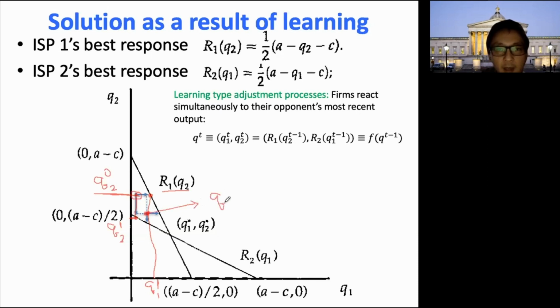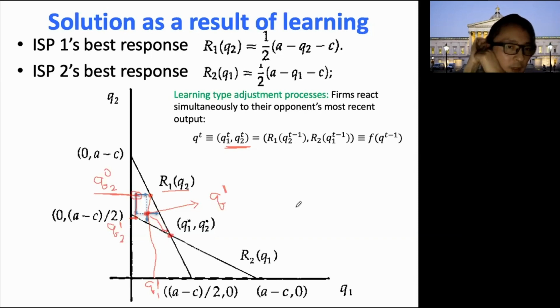Let's write it as a vector, a joint amount that is produced from these two agents. So this is basically step 1. You can see that it moves towards this, and after a few iterations they will reach this equilibrium.